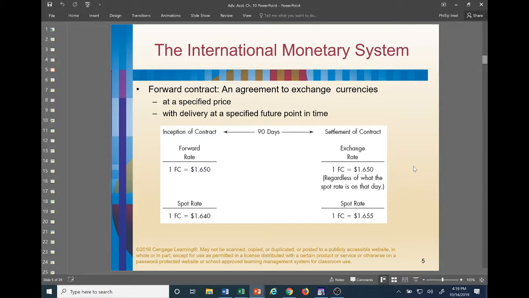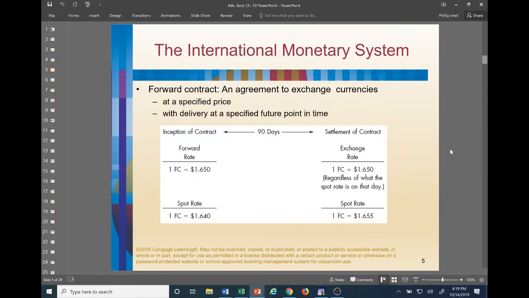So in the above example, at the settlement date, the holder of the contract will pay the fixed rate of one foreign currency equals 1.650 to buy a foreign currency rather than the spot rate of one foreign currency equals 1.655. As we can see here, the current spot rate at the settlement of the contract is 1.655 as opposed to one foreign currency at 1.650, which is what the forward rate was at the inception of the contract.